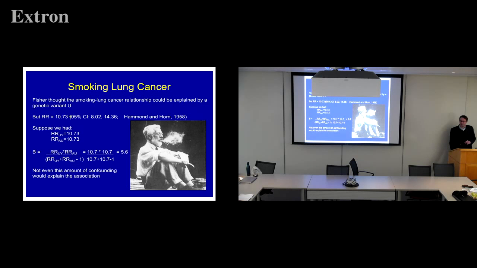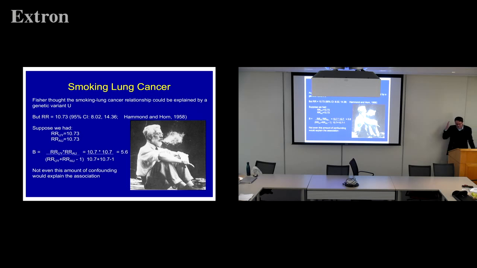So what was Cornfield's result then? Cornfield's result was that each of these had to be at least 10 in order to explain it away. But it turned out Cornfield didn't do as well as he might have. We can do better than Cornfield.